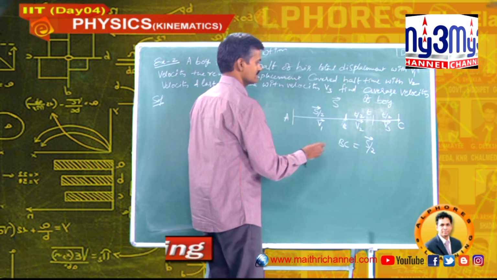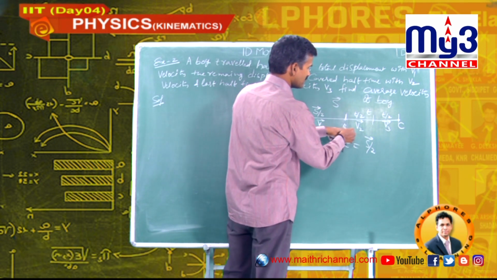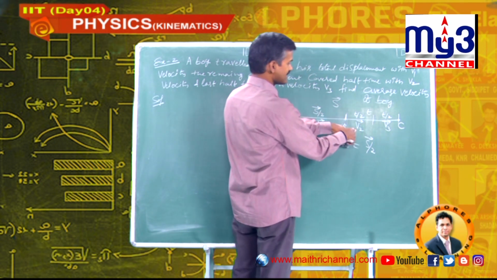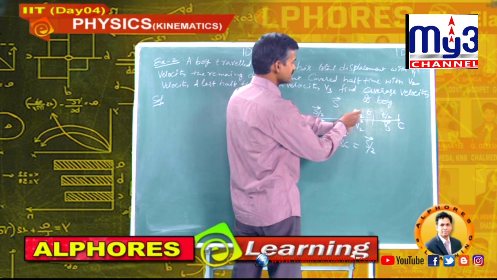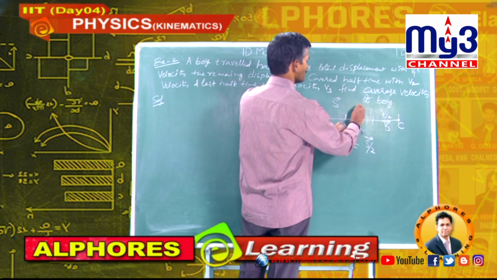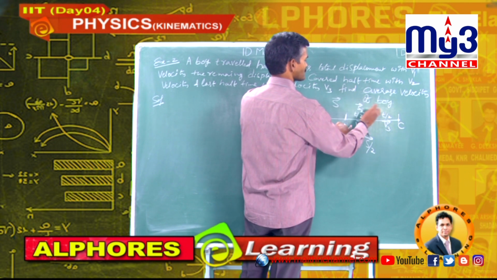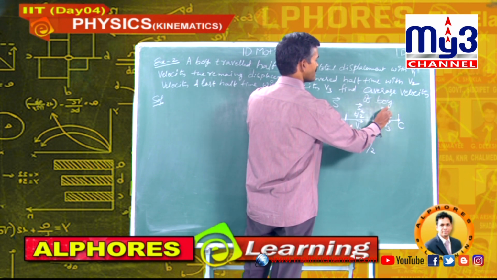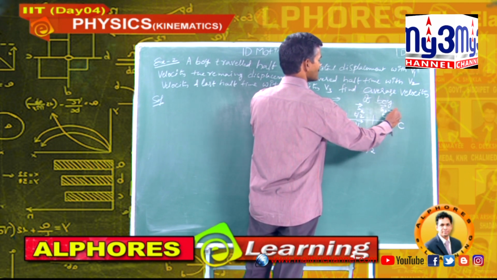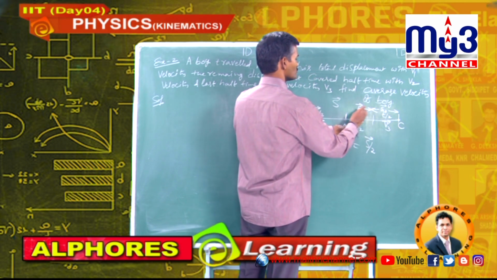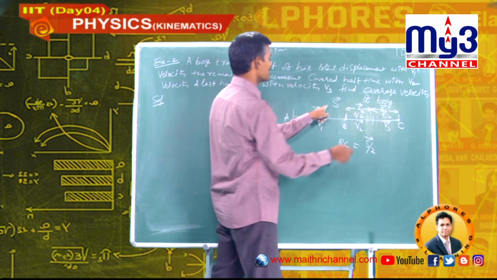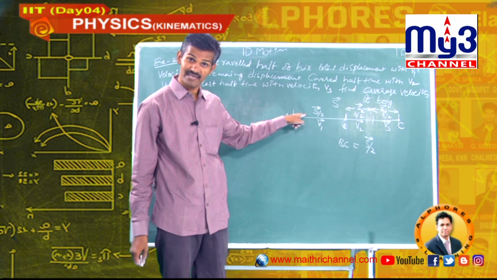So this time, half of the time it travels with V2. The displacement covered in this time is some S2 bar, and the displacement covered here is some S3 bar. Adding these two you will get half of the total displacement, right.